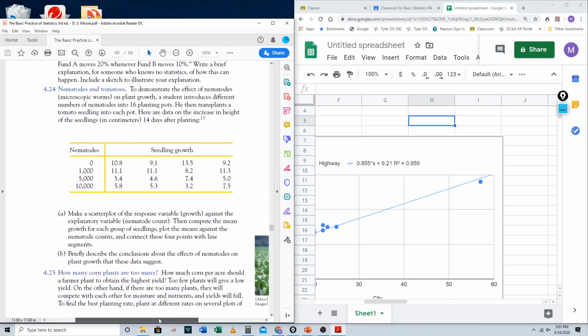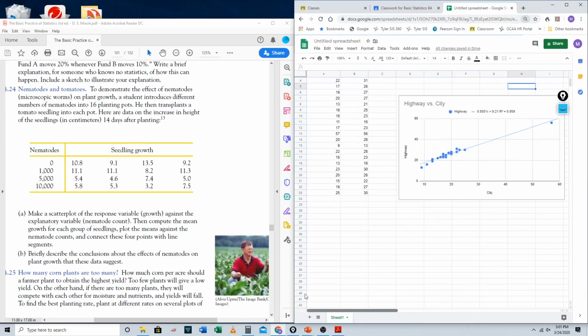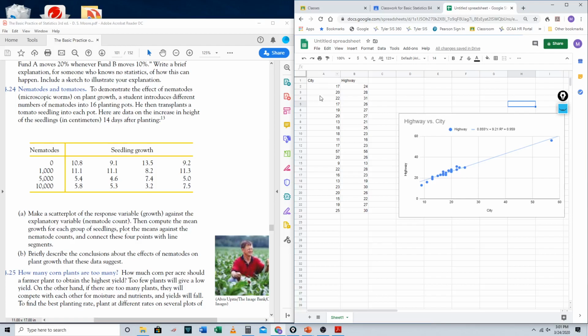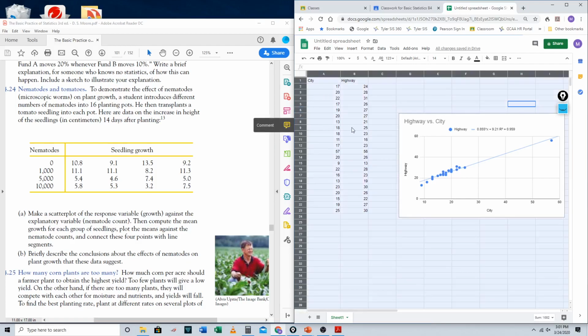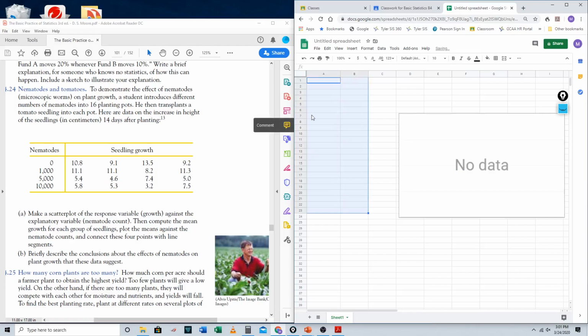Here it is. Now this one's kind of interesting. Okay. So we have nematodes and seedling growth. All right, so I think this is the question they were referring to.